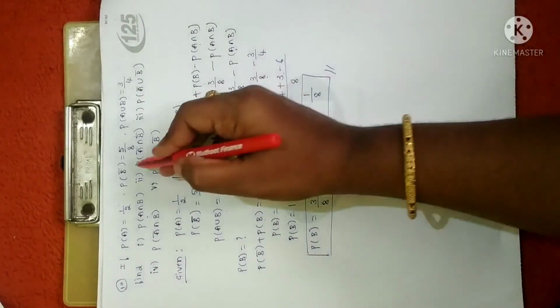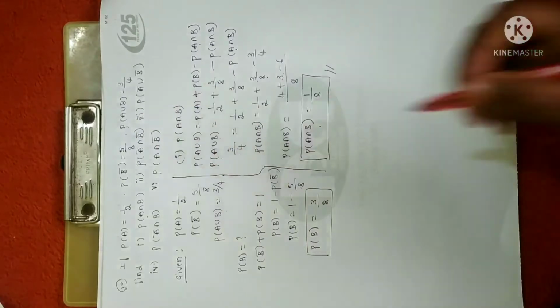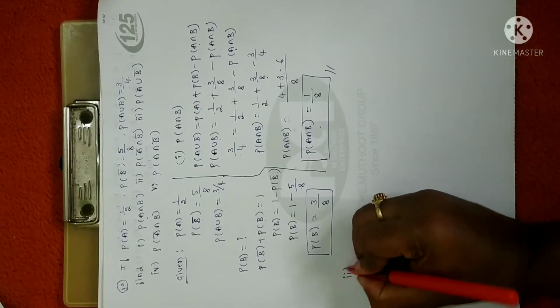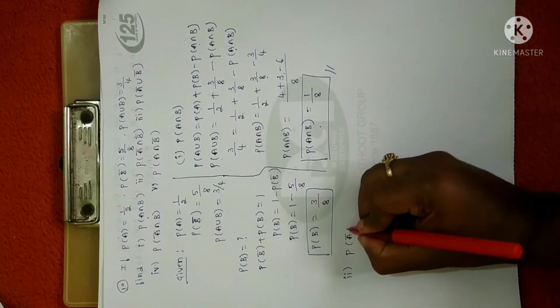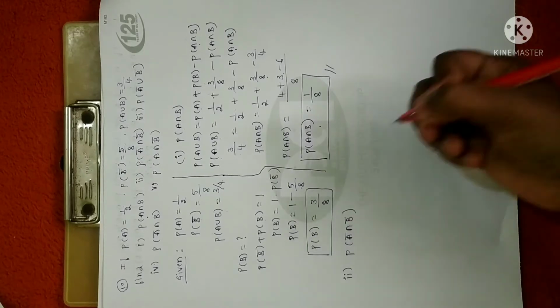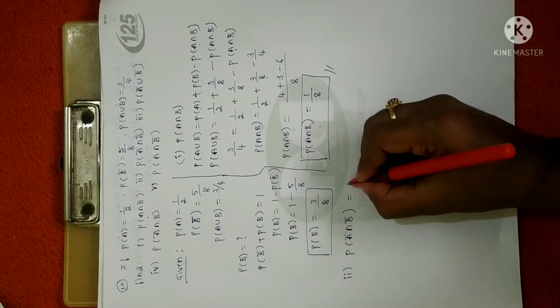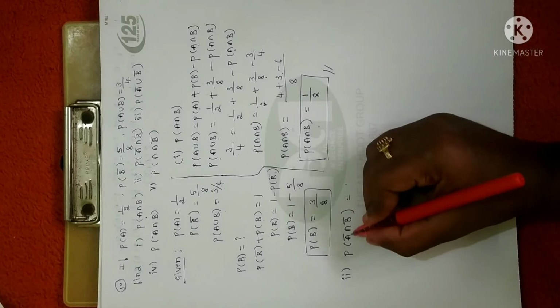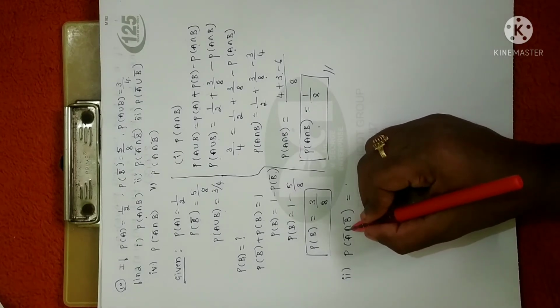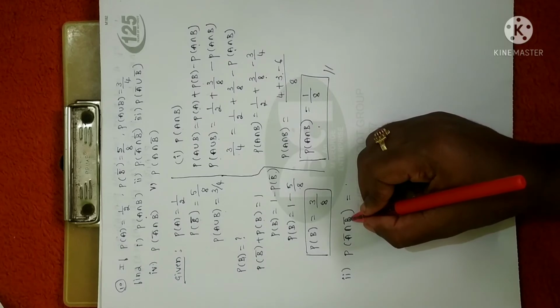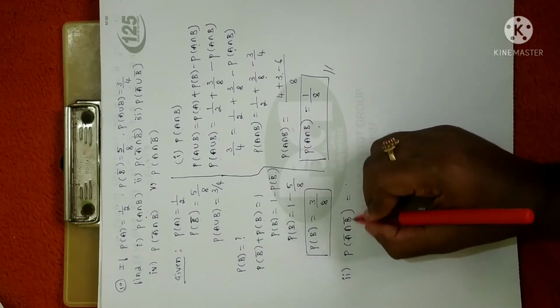Similarly, we need to find probability of A bar intersection B bar. So let me do the second one. Probability of A bar intersection B bar. Right? The meaning is probability of A bar in the sense probability of not A, intersection in the sense and, not B. Right? So I'll just apply De Morgan's law.